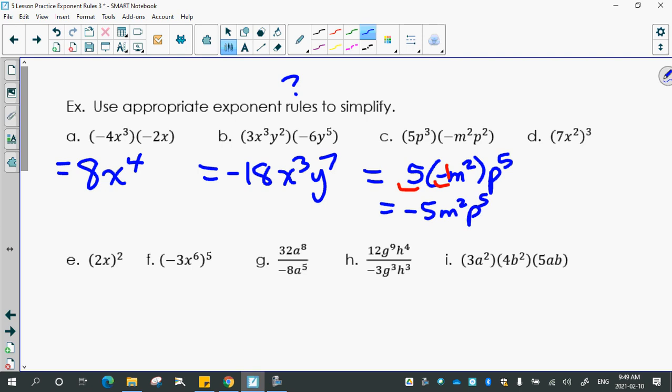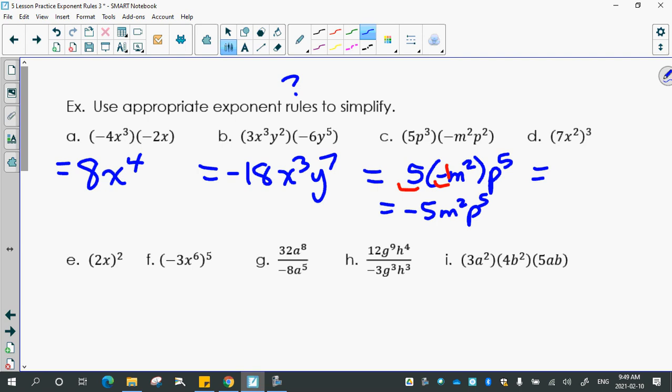Yeah? Okay, I wrote it as -5p^5 m squared. Yep, that's fine as well. The order of your variables doesn't matter. A textbook convention would be alphabetical order, but it doesn't matter as long as you got the right exponent on the right one. Okay?